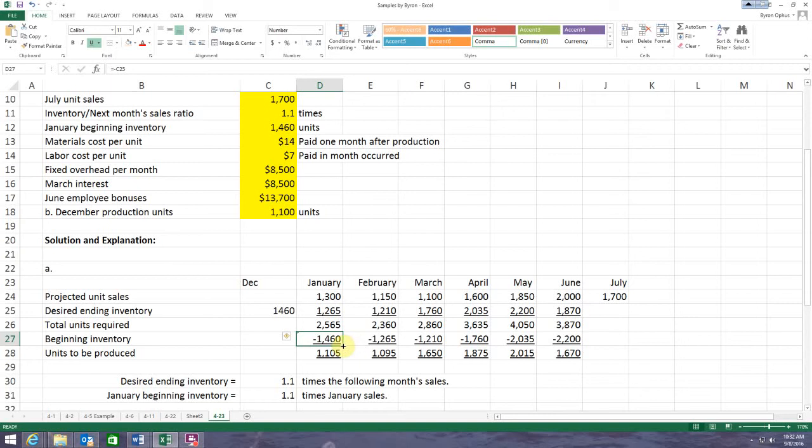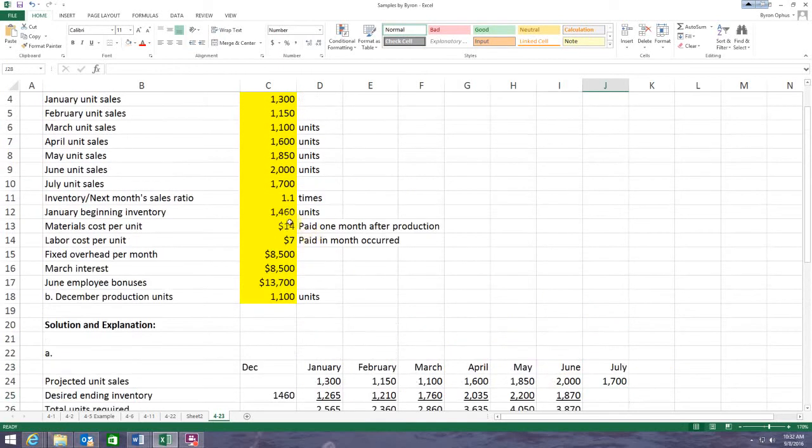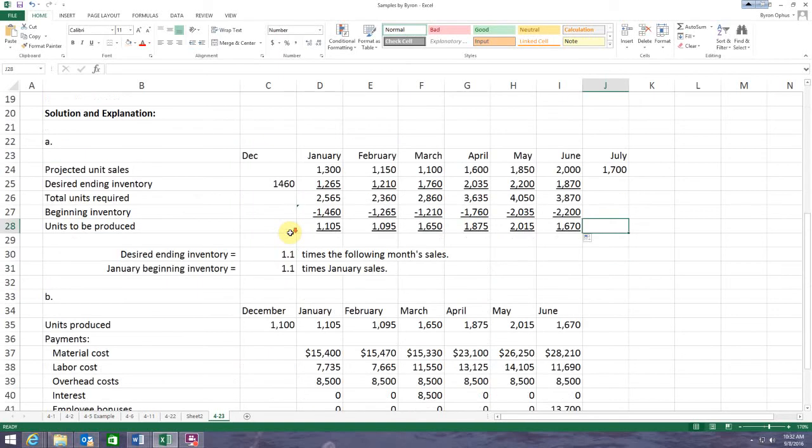So I can simply drag that across. And then I can do the same here, because that formula stays the same as well, and my numbers should stay the same, and they do. So now I know how many units I need to produce each month, because I'll be able to calculate what my costs are per month, right?